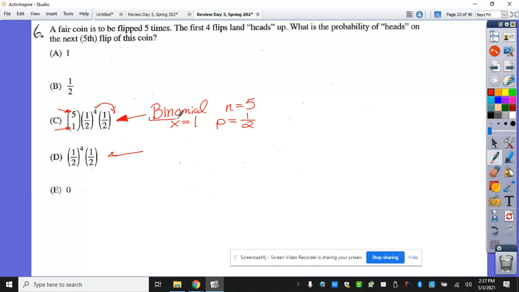Think about back to when we used to deal with this one. And so, geometric. What's the difference between binomial and geometric? In binomial, we count the successes out of total. What does geometric do? Successes compared to failures, right? To an extent, but how many successes do I get?